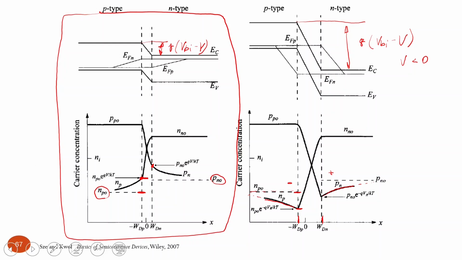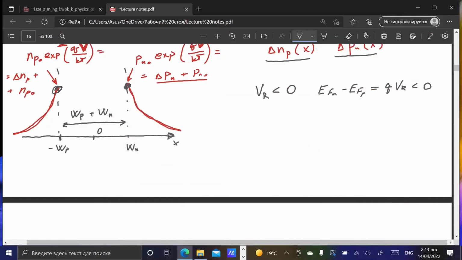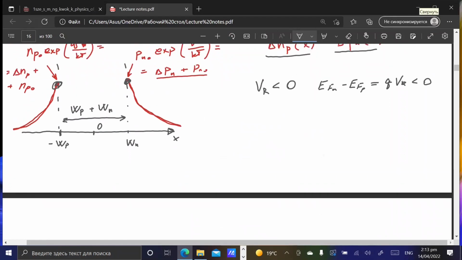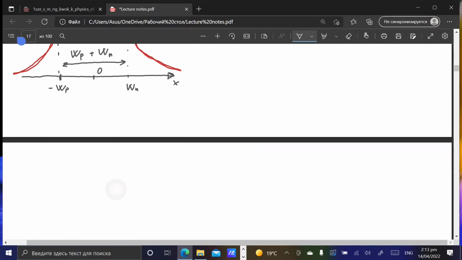It comes out from our equations quite clearly. So we know that, let's write it here, Pn at Wn, let's write it for holes, is equal to Pn naught times exponent of minus QVR divided by kT.